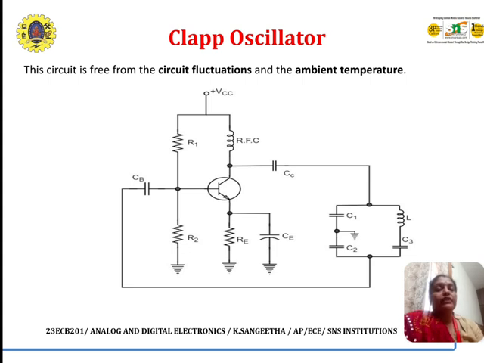The feedback circuit produces a 180-degree phase shift, and the amplifier also produces a 180-degree phase shift. So a total 360-degree phase shift of the oscillation is produced. This is one of the Barkhausen criteria, which should be satisfied to produce sustained oscillation.